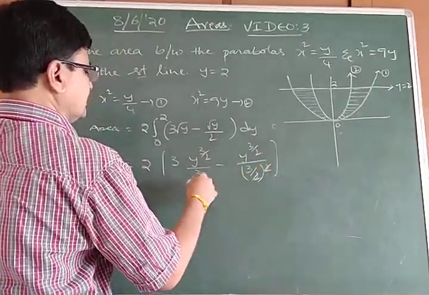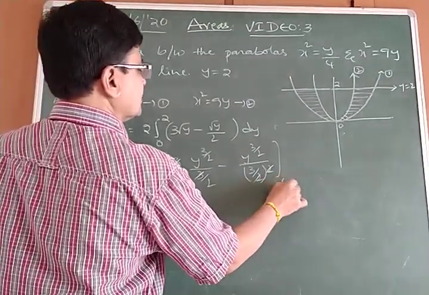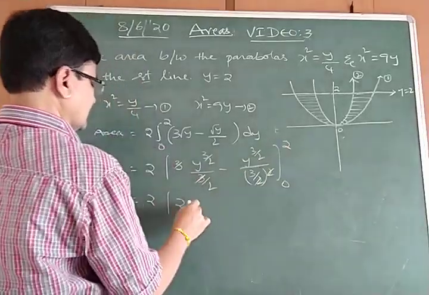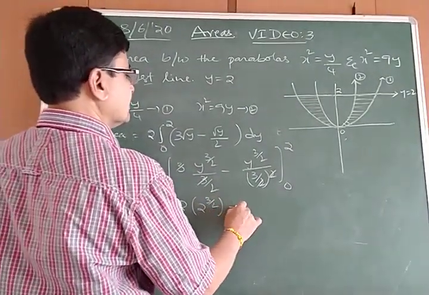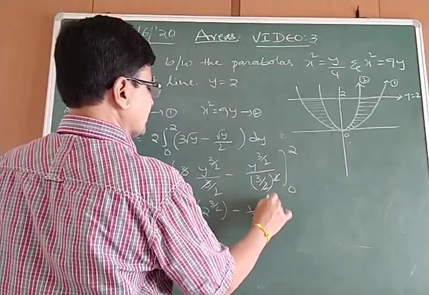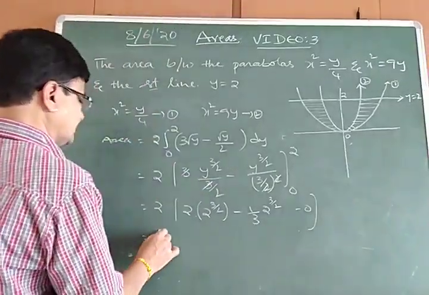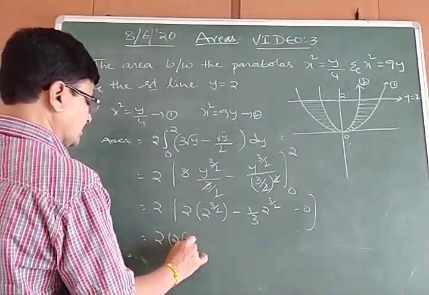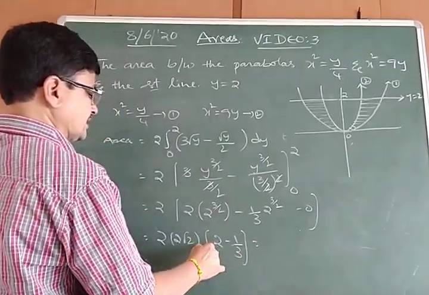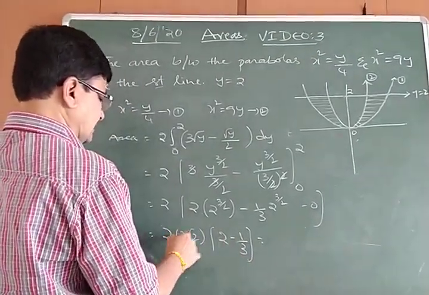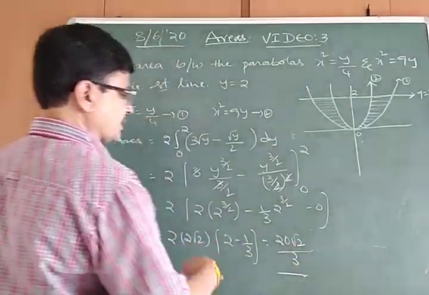So 3 cancels. 2 into 2 to the power 3 by 2 minus 1 by 3 into 2 to the power 3 by 2, lower limit is 0. So now this is 2 into 2 root 2 into 2 minus 1 by 3. Now taking LCM 6 minus 1 is 5. 5 into 4 is 20. 20 root 2 by 3 is the required area.